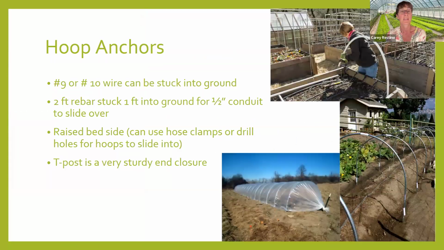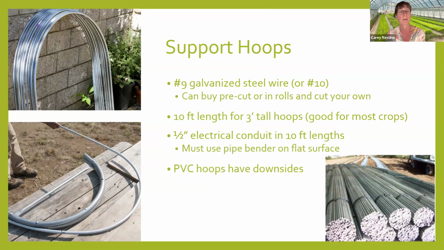Yeah, I would just say that we bent at least 300 of these in an afternoon with a couple of us. And you don't have to have a pipe bender. You can make anything out of a piece of plywood. A plywood jig.